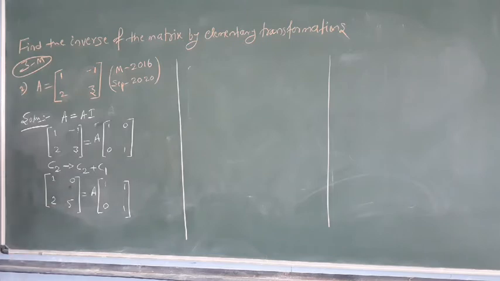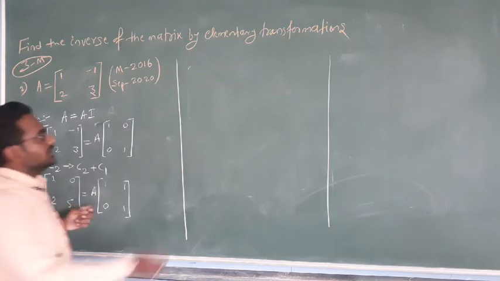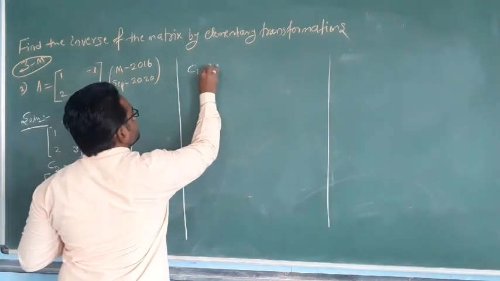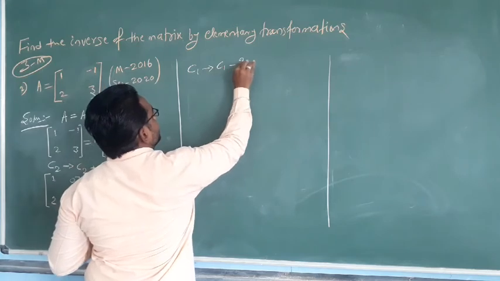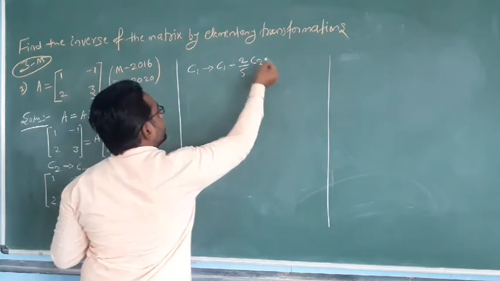Now you have to convert the next row value, that is 2 5 into 1 0. So C1 changes to C1 minus 2 by 5 C2.